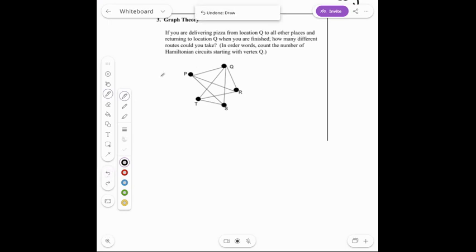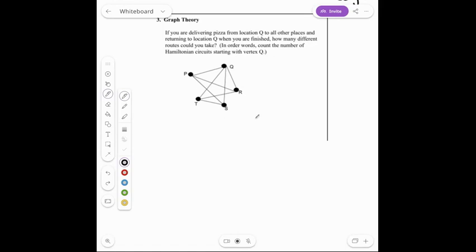So you have to go to all of the other vertices and then come back to Q. So we can list these out alphabetically to make sure we don't skip any. And you'll notice that most of these graph theory problems involve listing something, so it's very important to be careful, take your time, and not skip over any cases, which is why going alphabetical is helpful.